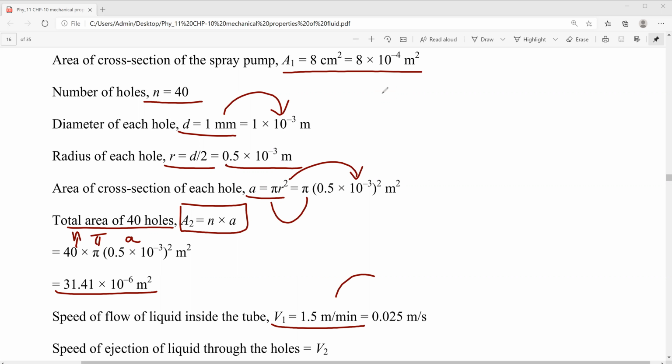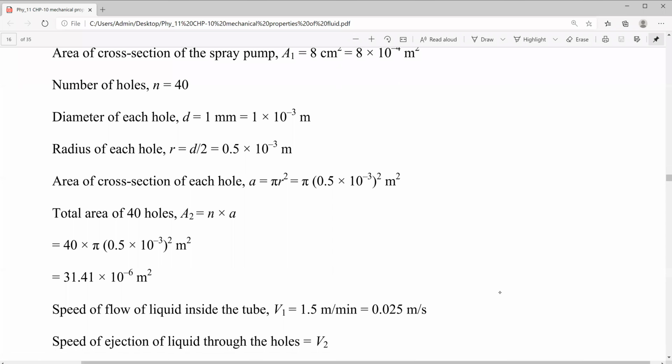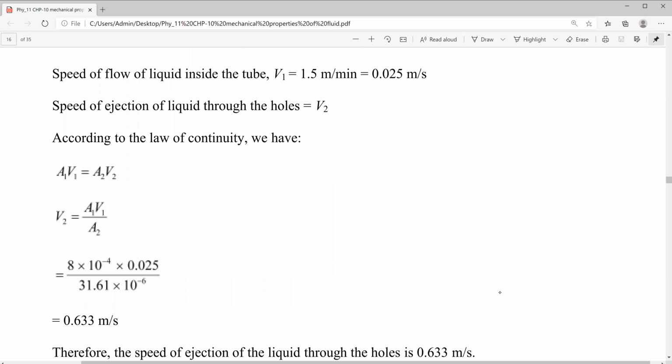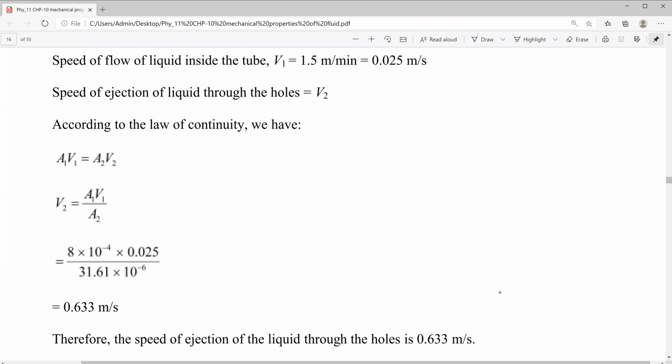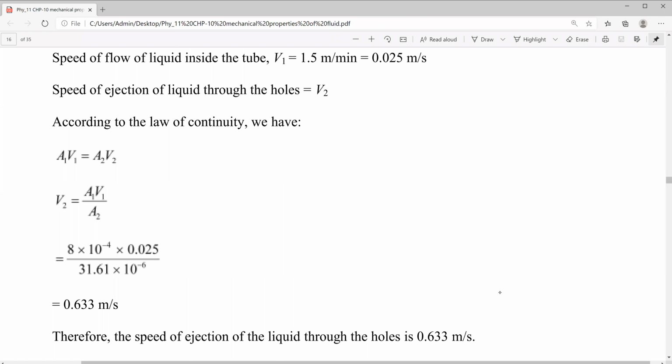If you convert it to meter per second, we got 0.025. And the speed of ejection of the liquid through the hole, let us consider V2, we need to calculate here.